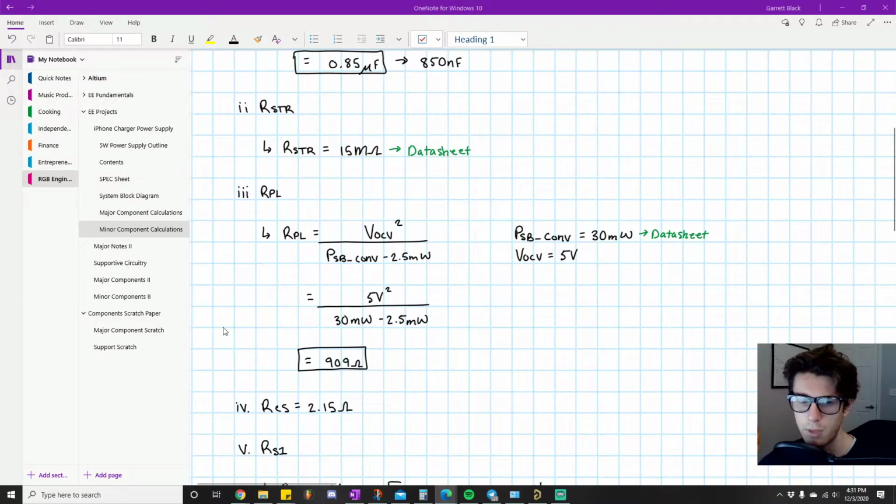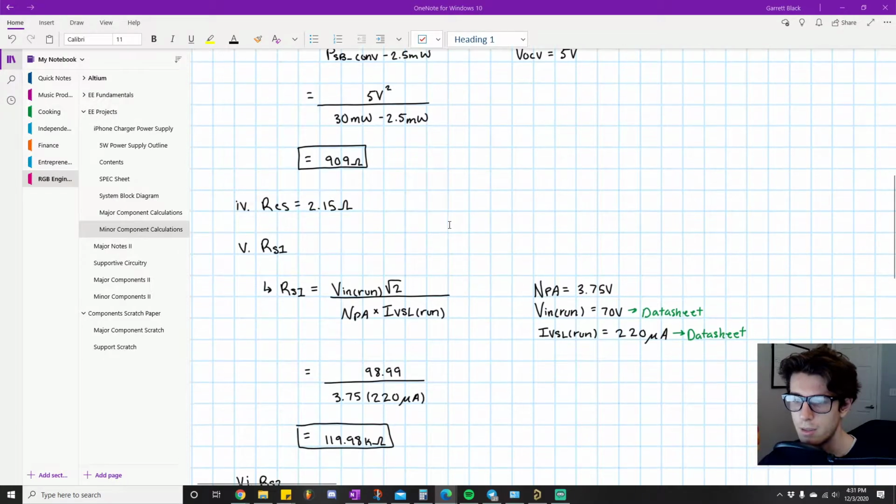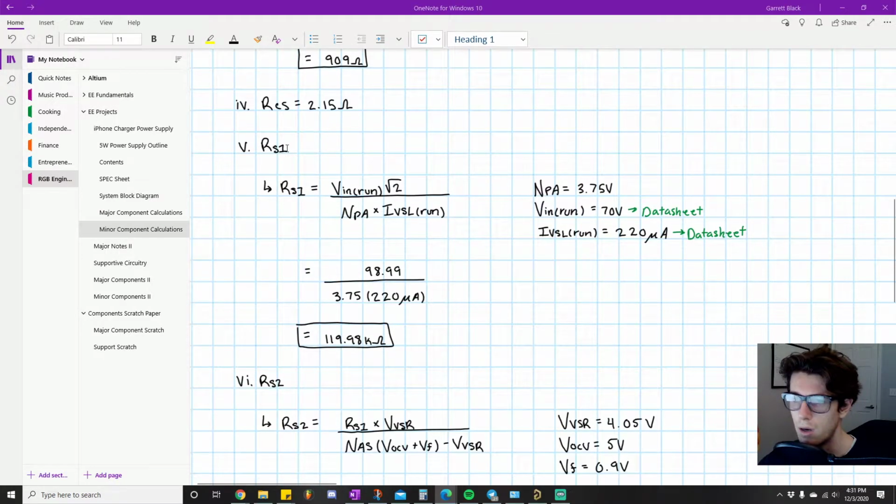Actually, we can keep going. We have more time than I thought. The next one up is going to be RS1. On the data sheet, it gives us the equation: V in run times square root of 2, divided by N sub PA times I VSL run.